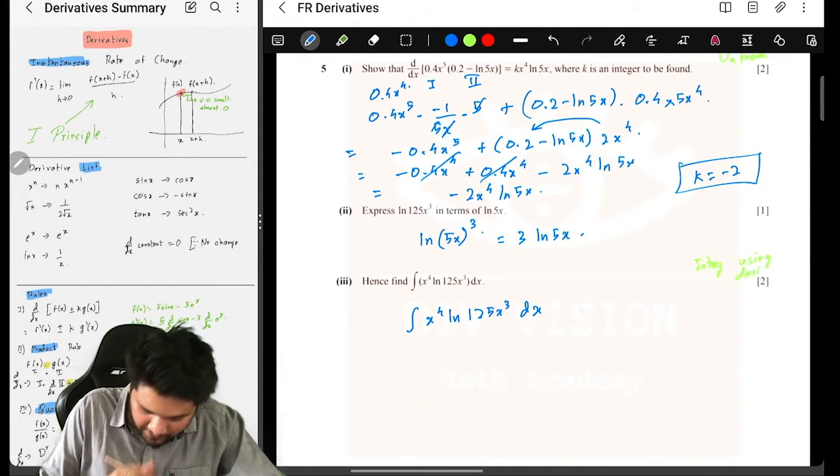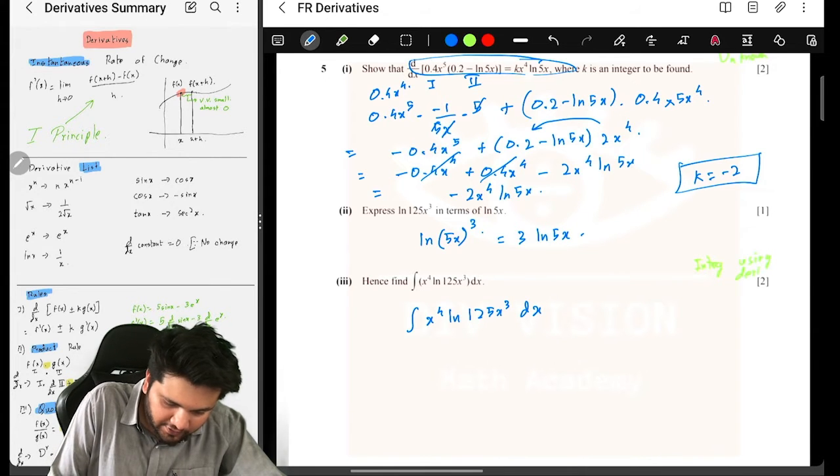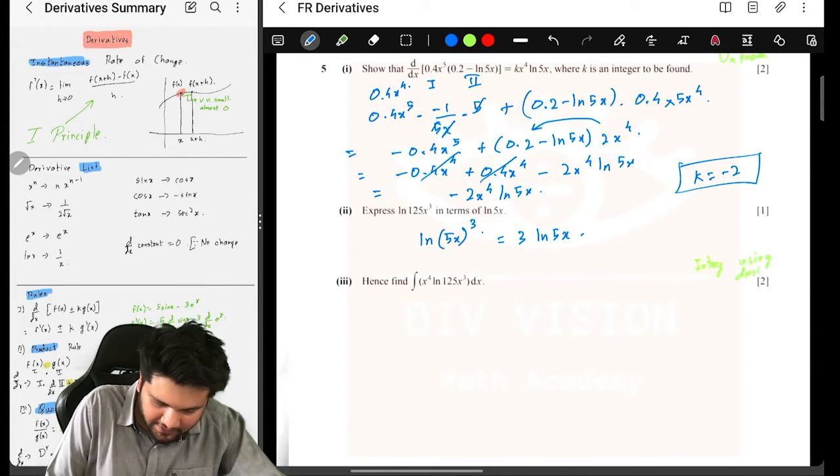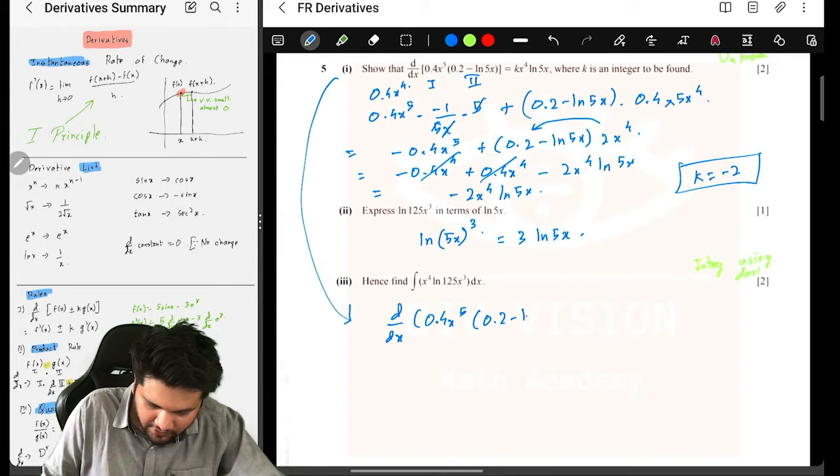Now see, we know that the derivative of this particular thing is kx to the power of 4 ln 5x. Just pay attention to this: the derivative of 0.4x to the power of 5 (0.2 minus ln 5x) is nothing but kx to the power of 4 ln 5x, and here k was nothing but minus 2.